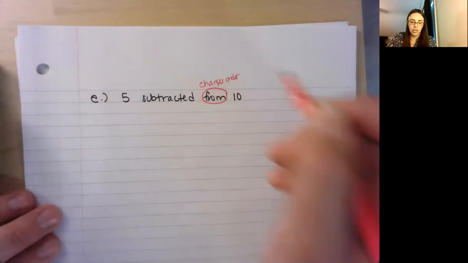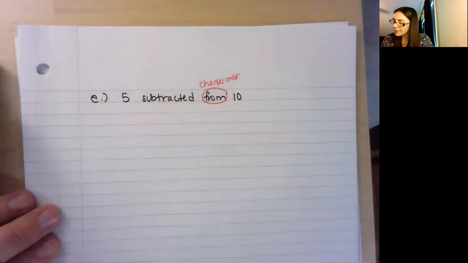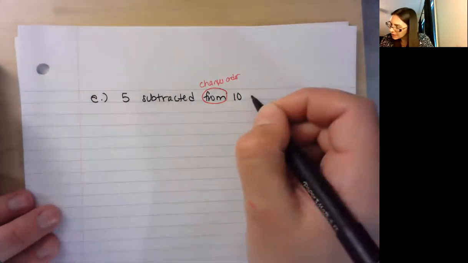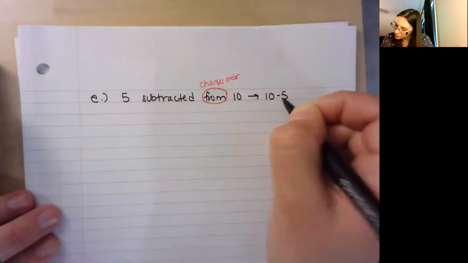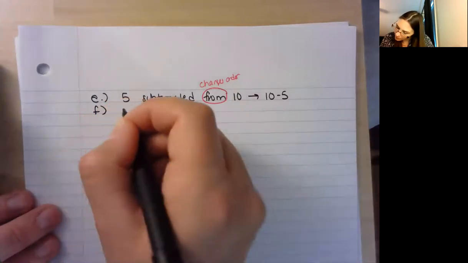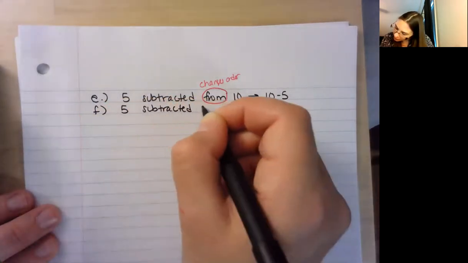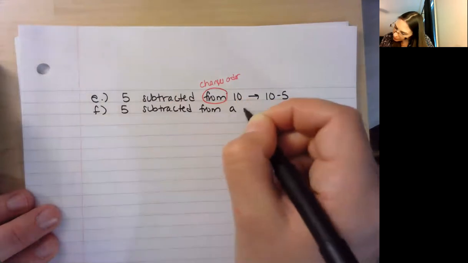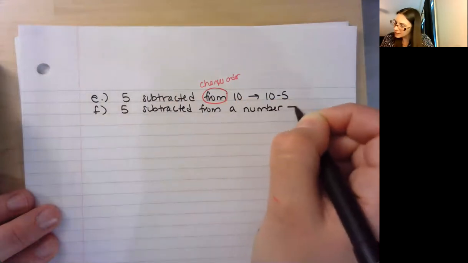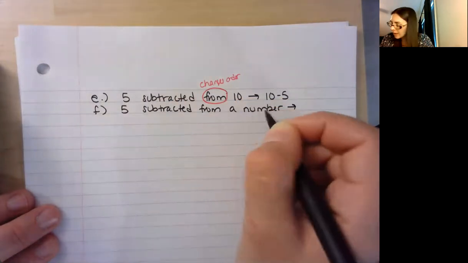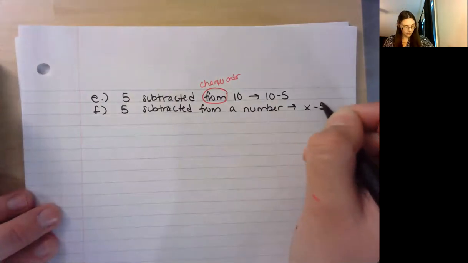From and than often change the order. So 5 subtracted from 10 is actually 10 minus 5. So something like 5 subtracted from a number, again, I don't know the number here, we're going to let this number be x, is going to be x minus 5.